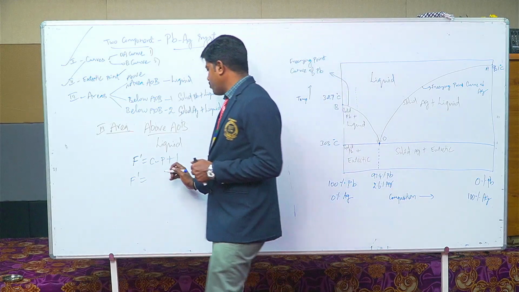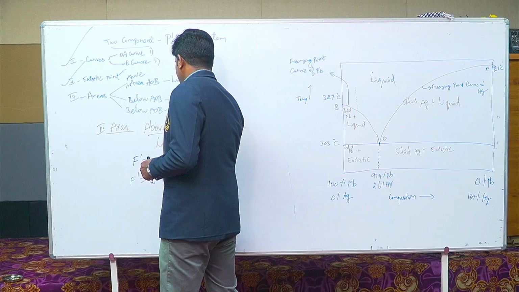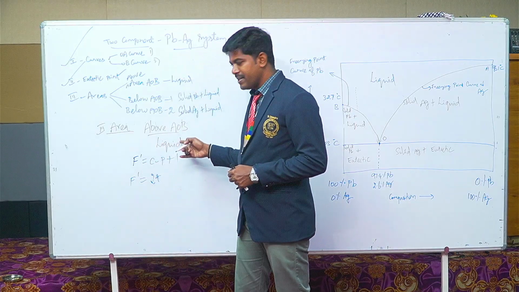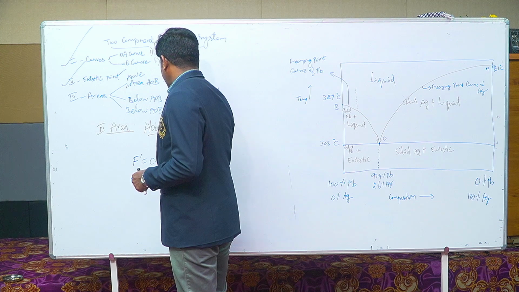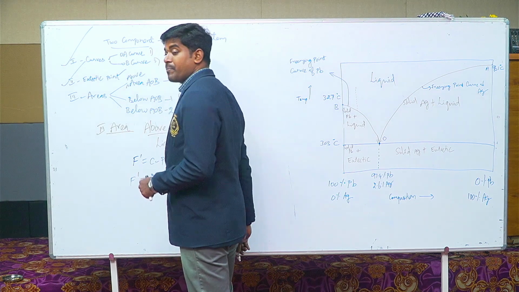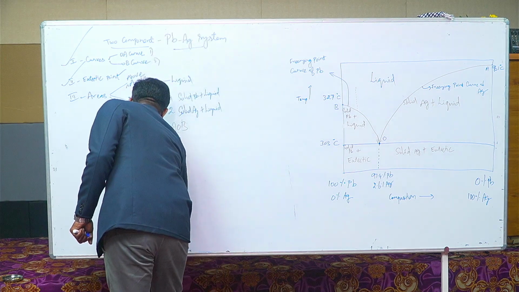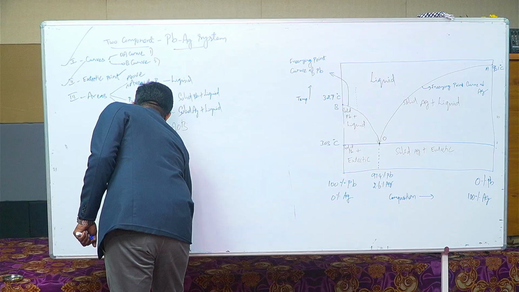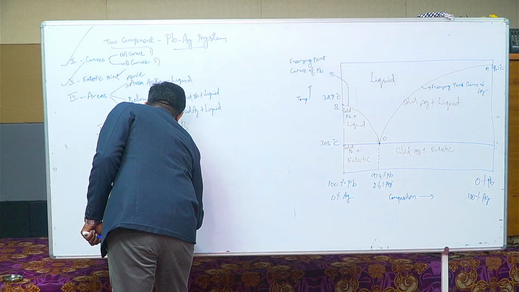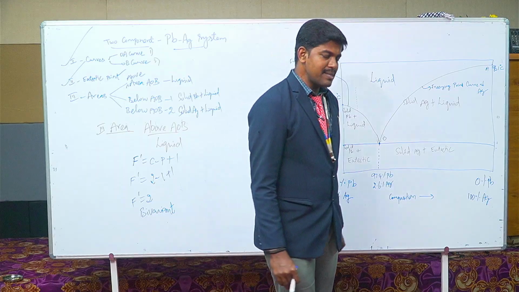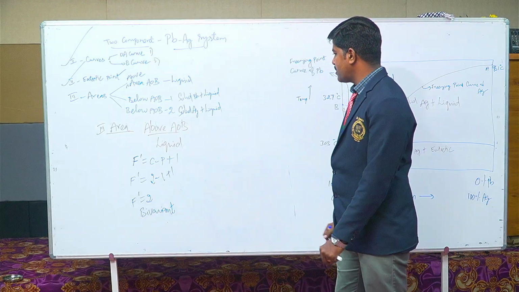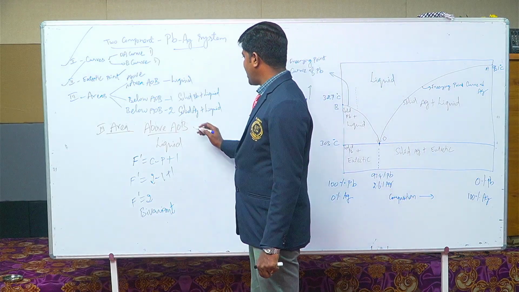So the number of components is 2. The number of phases is only one, that is the liquid. So F equal to 2 minus 1 plus 1. The answer is 2. The system is bivariant.